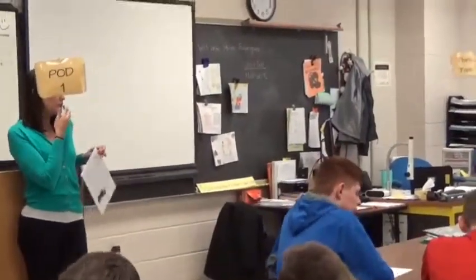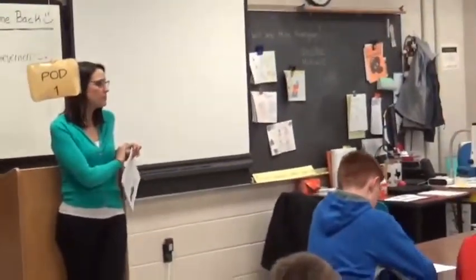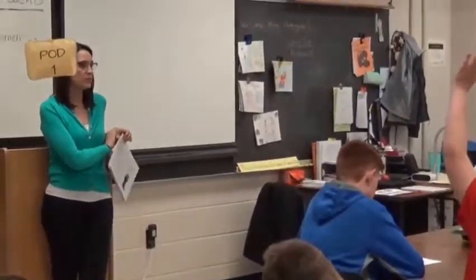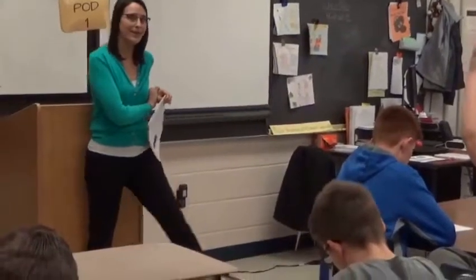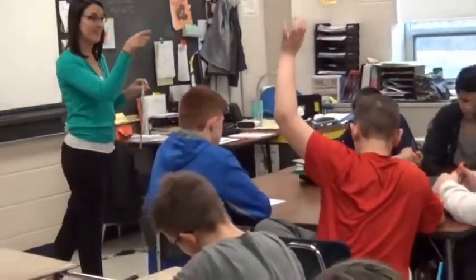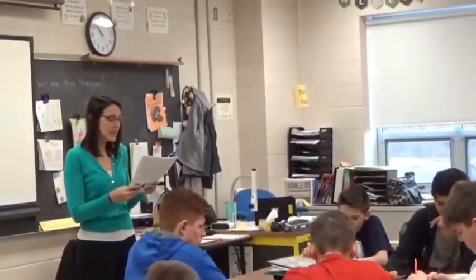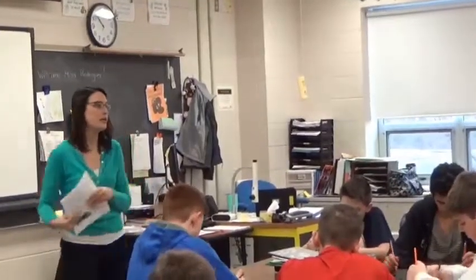What is our explanation, or what are we citing about our embassy? Who can explain it or tell us what was in our article? It's an office of government in another country. Perfect. It's an office of a government in another country.